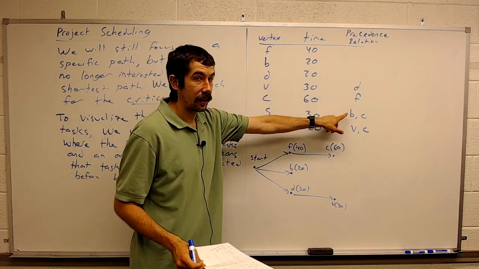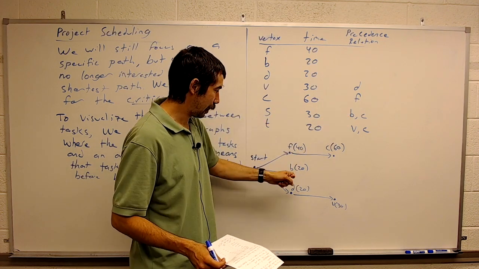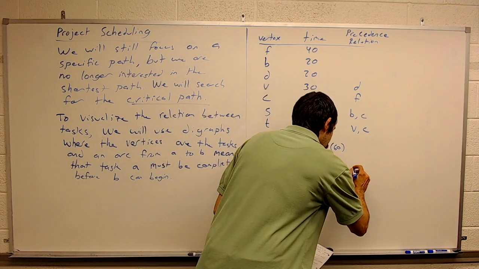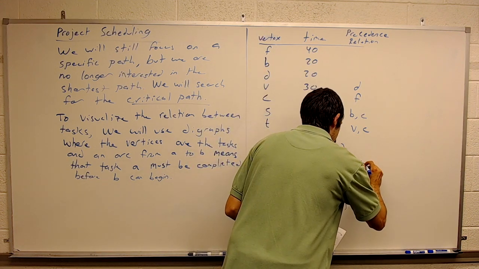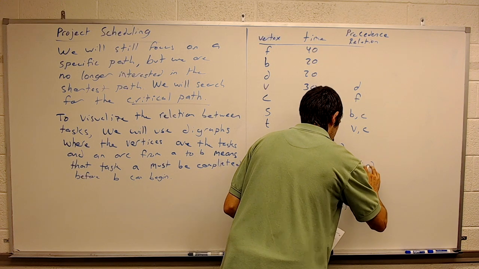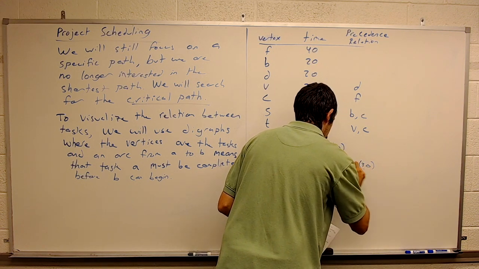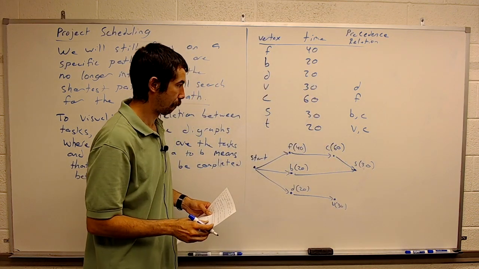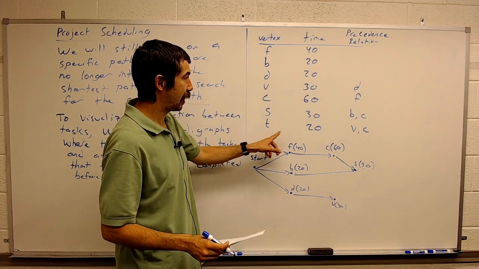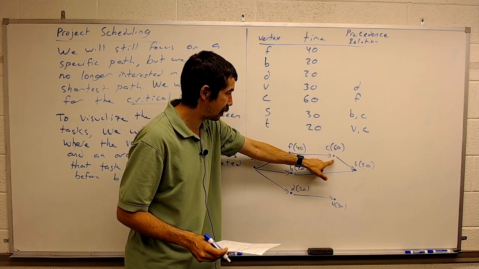S needs B and C to be completed. Here's B, here's C, so let's put S here. S is 30. And T needs V and C to be completed.